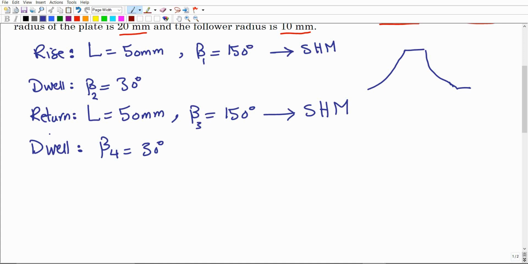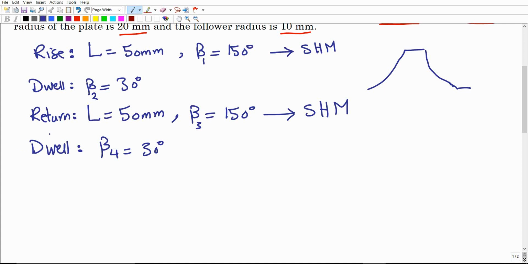Definitely we're gonna assume that this one is a dwell, like a shift between the first cycle and a new cycle. But if the sum of these 3 angles were 360 degrees, there would be no other dwell, or no transition between the first cycle and the second cycle. So I'm adding this dwell here as a transition between the first cycle and the second cycle to fill in the gap.